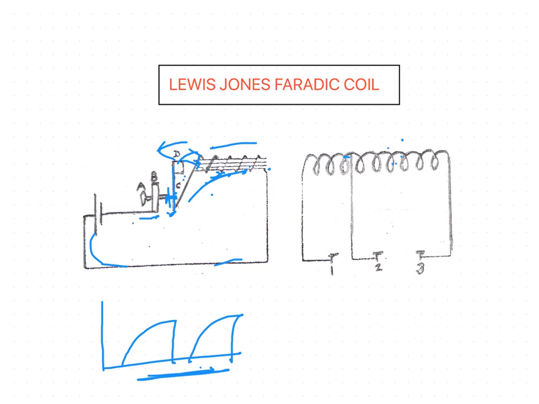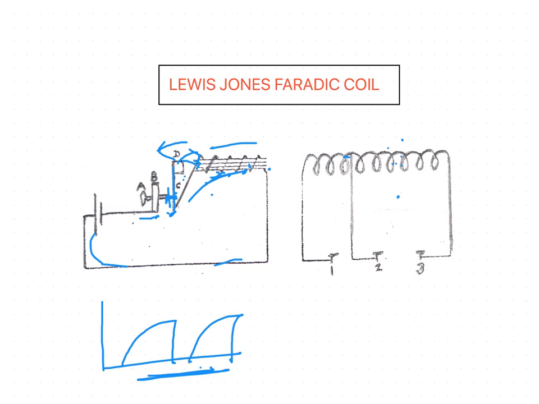The secondary coil has many more turns than the primary, so the EMF induced in the secondary is much greater than that applied to the primary. Okay, so you can mention that.